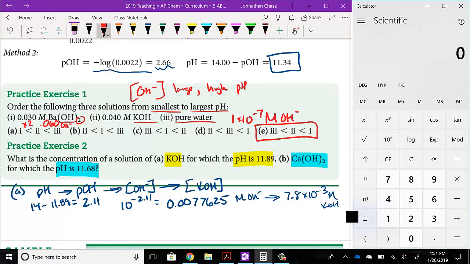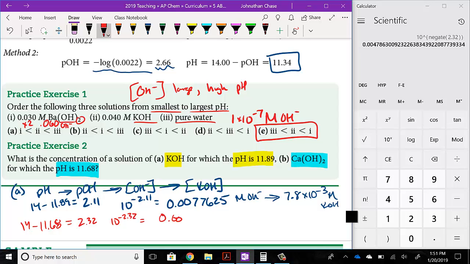For our final problem, it's going to be the same essential set of steps, one small difference, and that is that it'll be in a 2-to-1 ratio in the end. So I begin 14, take away the 11.68, and that is going to get us to our pOH, 2.32. Then 10 to the negative 2.32 as we did before. This time I have 0.004783 molar hydroxide concentration.